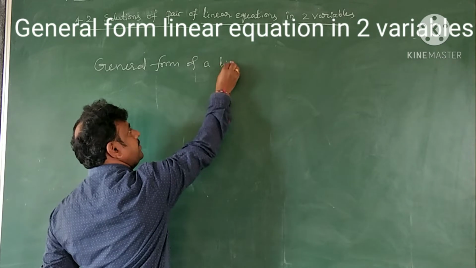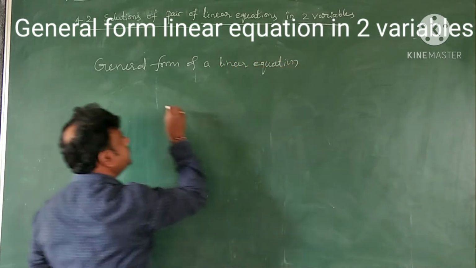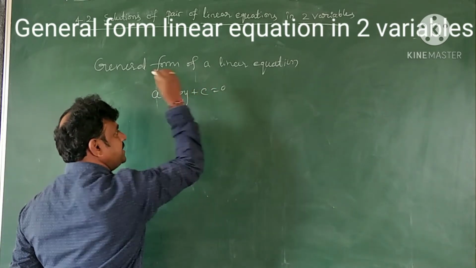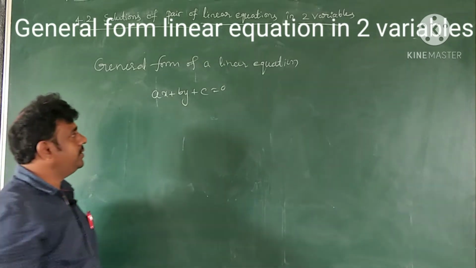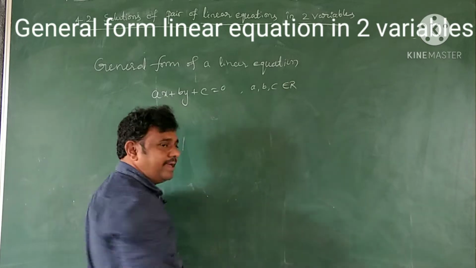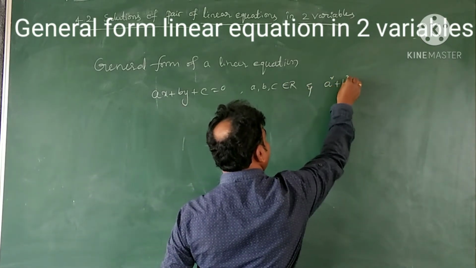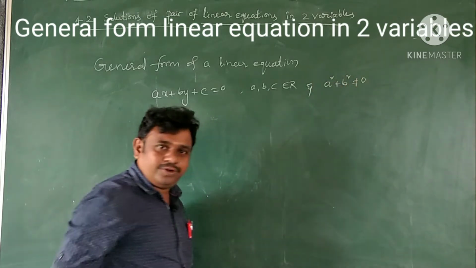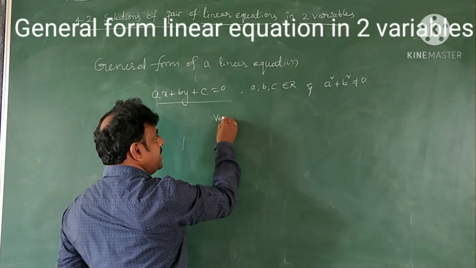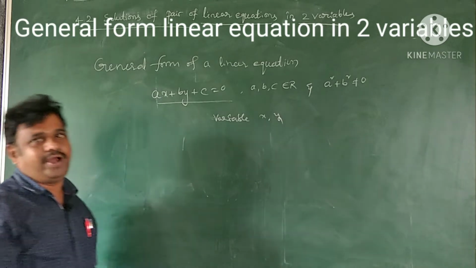of a linear equation. Dear students, ax plus by plus c equals 0, where a, b, c are real numbers and a square plus b square not equal to 0, is a linear equation in variables x and y.